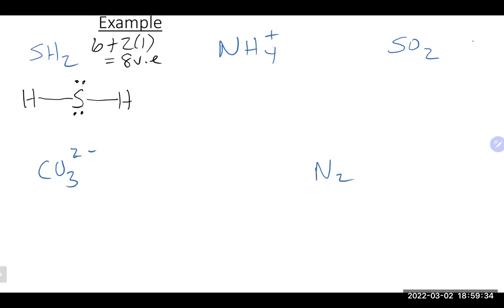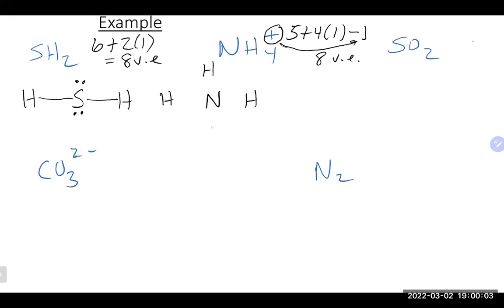Okay. Doing the same thing with our nitrogen. That is 5 for the nitrogen. There are 4 hydrogens each at 1. The plus charge here means we lost electrons, so we need to subtract 1 for the charge. That gives me 9 minus 1, which is 8 valence electrons as well. Again, hydrogen cannot be in the middle, so we go with nitrogen in the middle and a hydrogen around it.